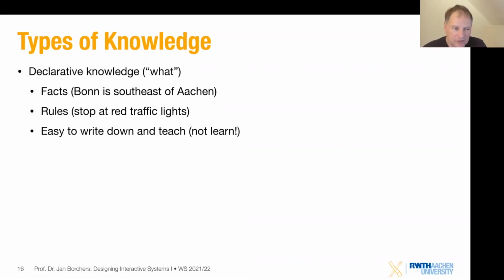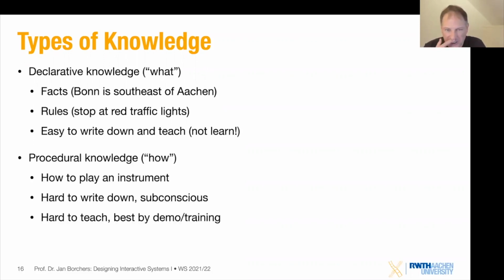The other type of knowledge, though, is what's called procedural knowledge. How do you do something? For example, how do you play an instrument? How to play violin? These are actually really hard to write down because a lot of the things that you need to learn around it are subconscious skills and patterns.